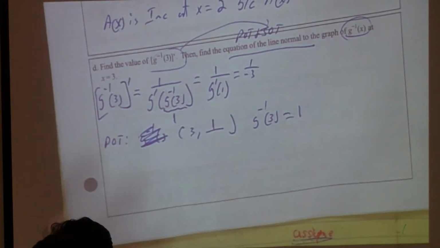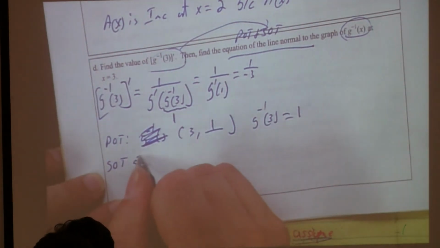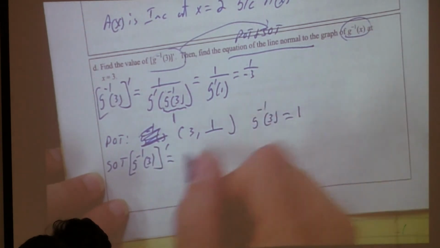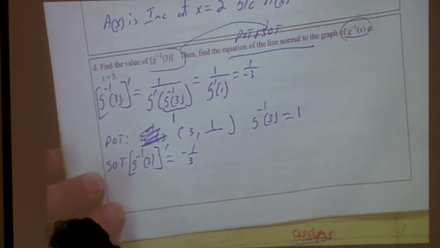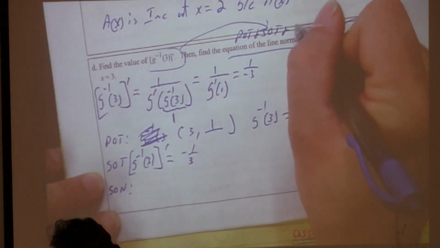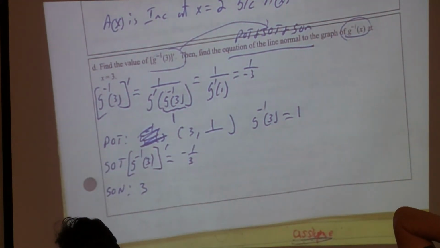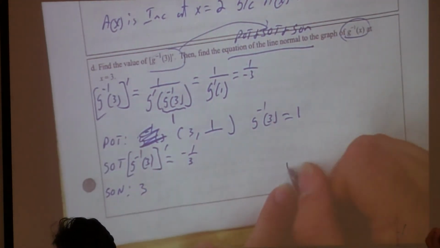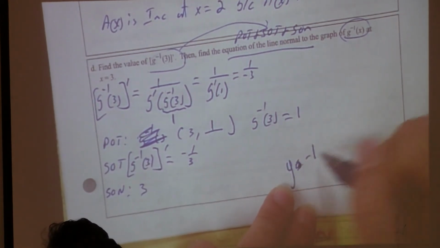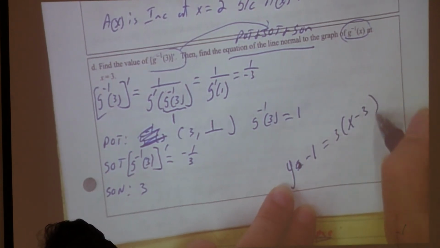We know that the slope of the normal line is the negative reciprocal of g inverse of 3 prime, which we got as negative 1/3. So what's going to be my slope? 3. So can we write the equation of the normal line to the g inverse graph? Yes. y minus 1 equals 3 times parentheses x minus 3.